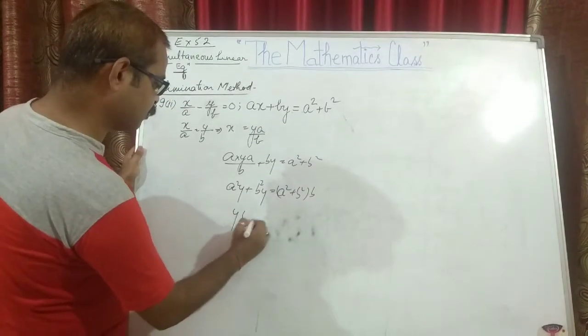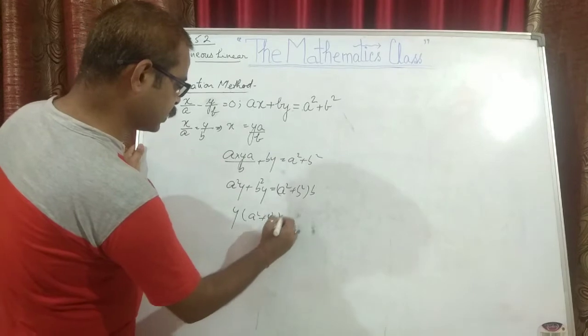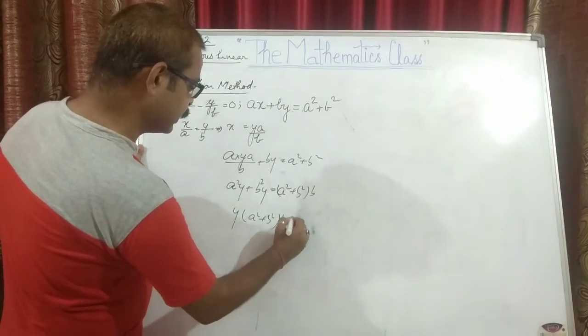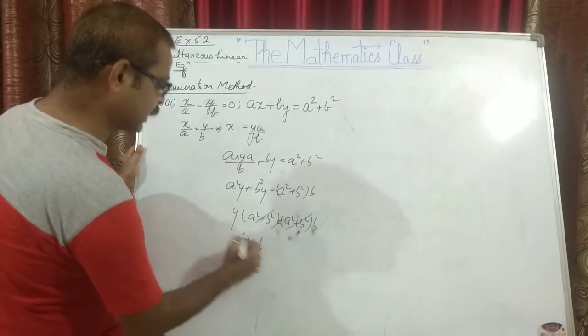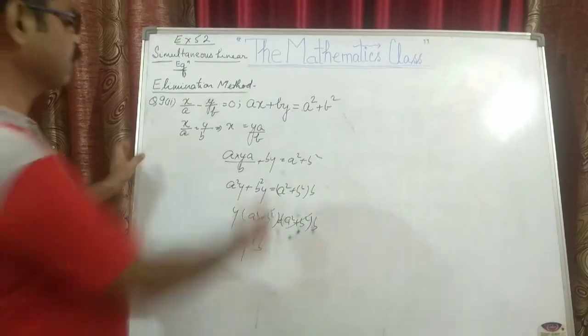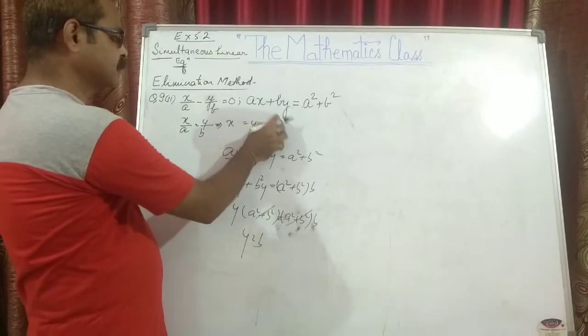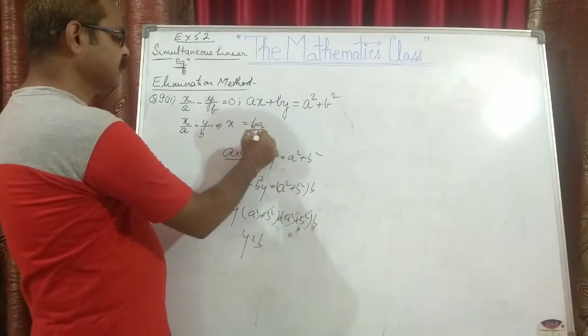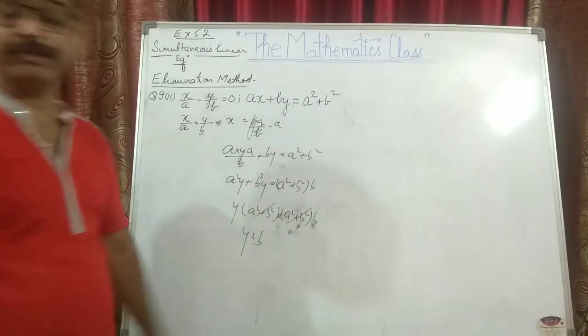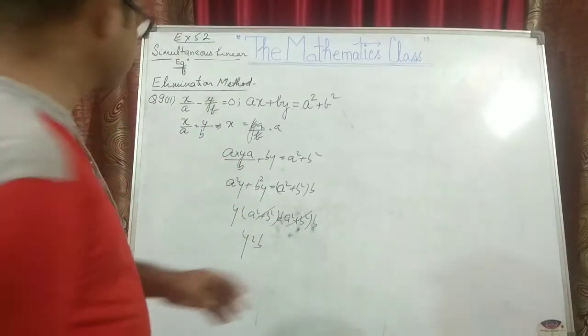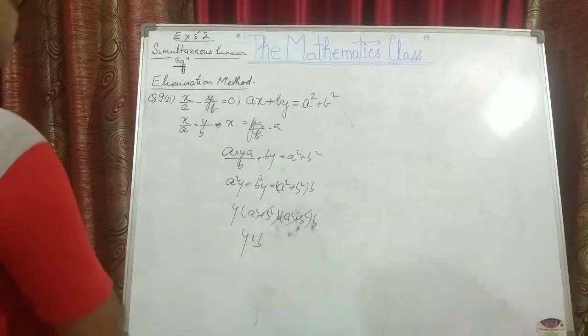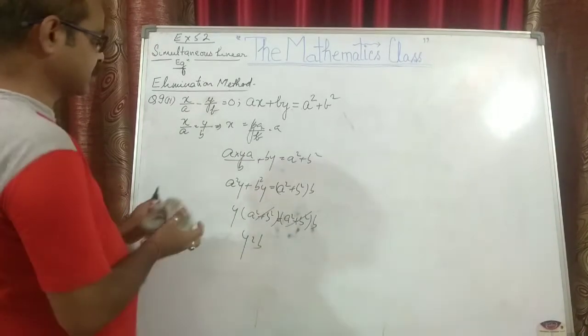From this you take y common, you are left with a square plus b square and is equal to a square plus b square into b. This and this cancel. So y you will get as b, and then just put the value of y as b. B and B will cancel, the value of x will be a. This question is very easy by substitution method, but we have to solve it by elimination method.